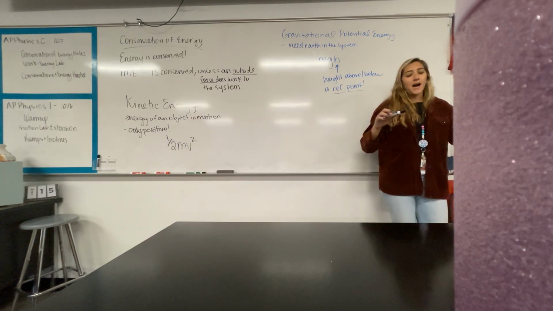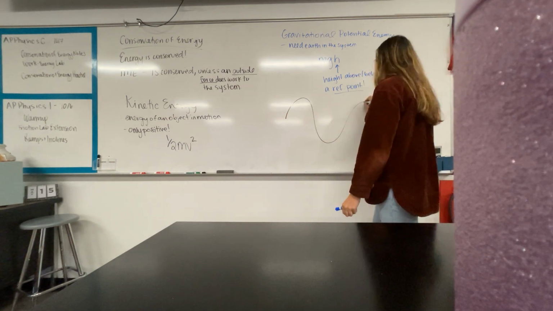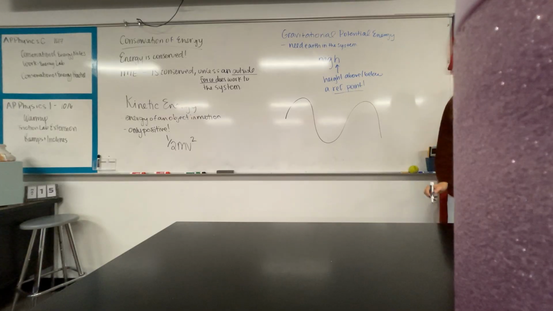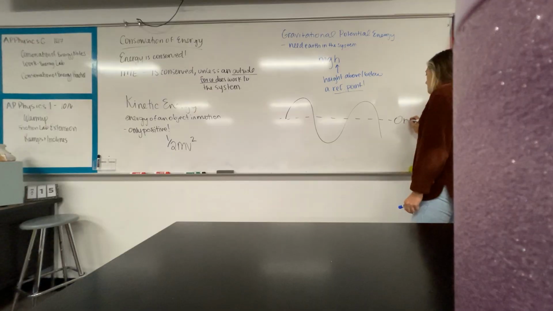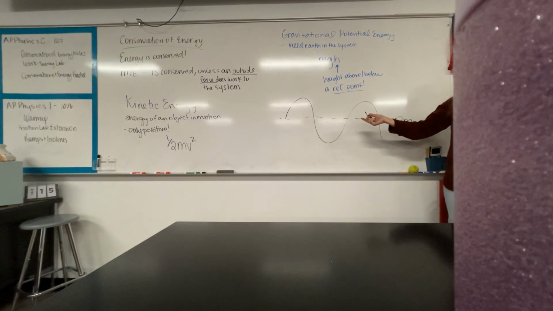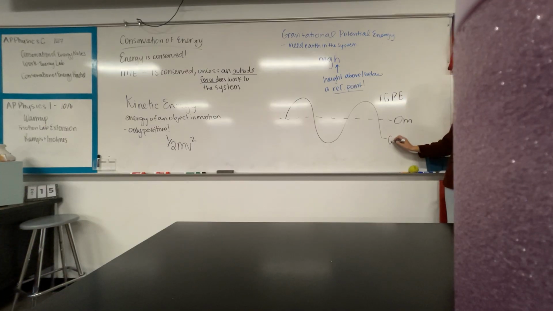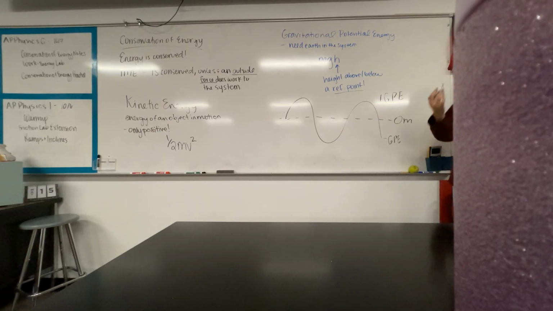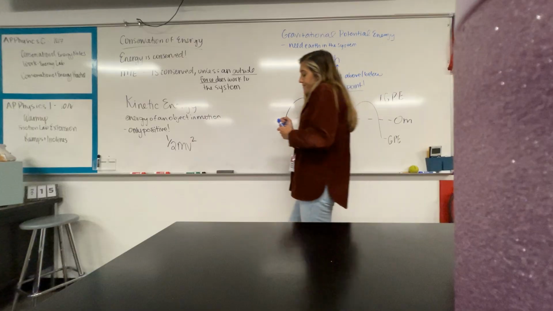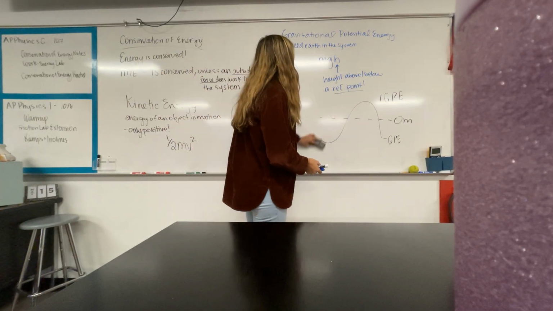That's perfectly fine. If you got to a question like this, there's a roller coaster and it does this. That's the roller coaster. You could decide that the 0 height is right here. That's 0. And so some of the time on the roller coaster, I would have positive GPE. Some of the time, I'd have negative GPE. It's fine. Doesn't matter. It's up to you. If it were me, I'd probably set the bottom as 0, but everybody can do what they want. It's a nice thing about life.